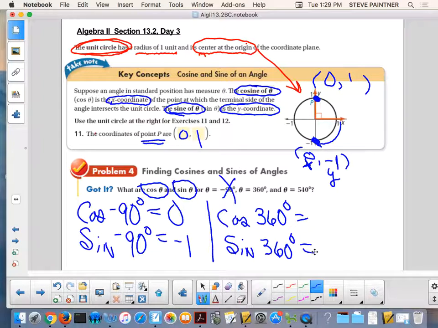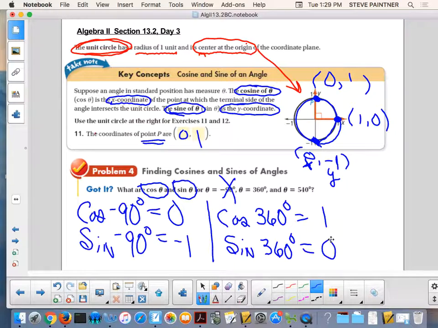It's just 1, 0. All you had to say was it's just a circle, lands right back on 0 degrees. It's right here. So it's 1, 0. So now we're looking right there. What's cosine of 360? 1. It's the x value, 1. What's sine of 360? 0. It's the y value, 0.